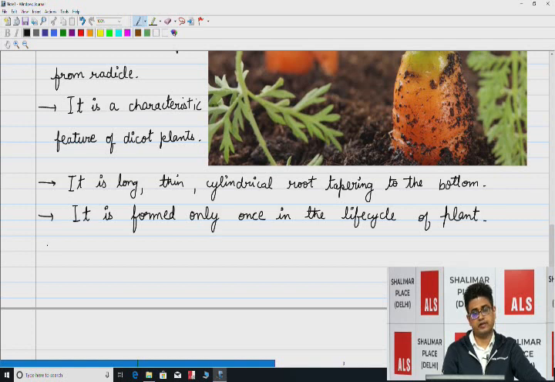If it is gone, if it is destroyed, then it will never be formed again, right?